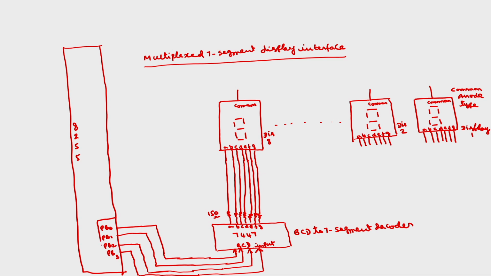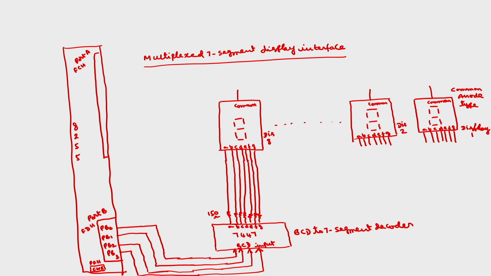Port B has address FDH, and inside there is a control word register whose address is FFH. Then we have port A, whose address is FCH.